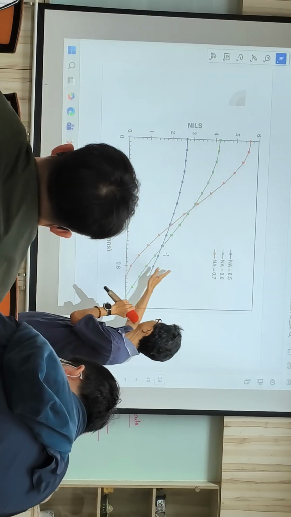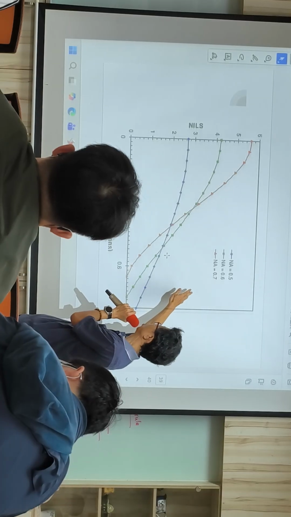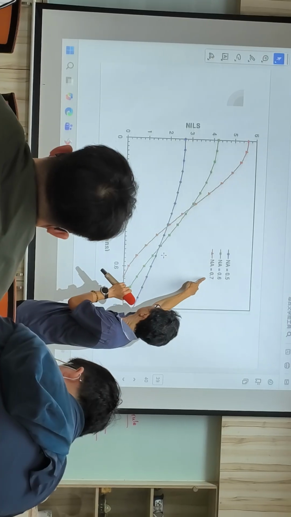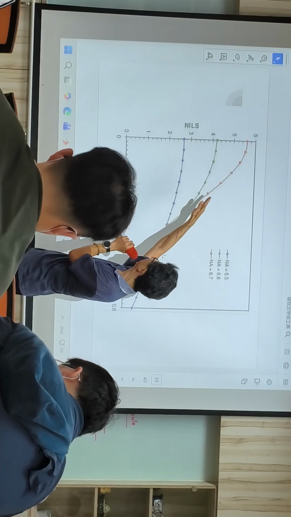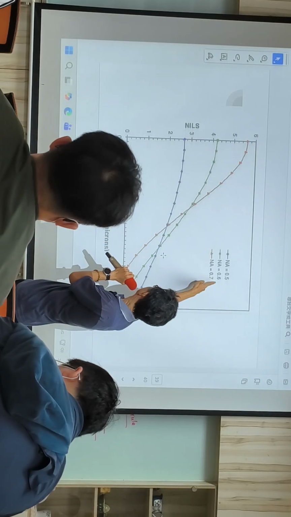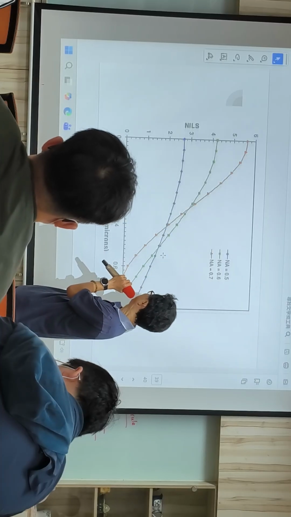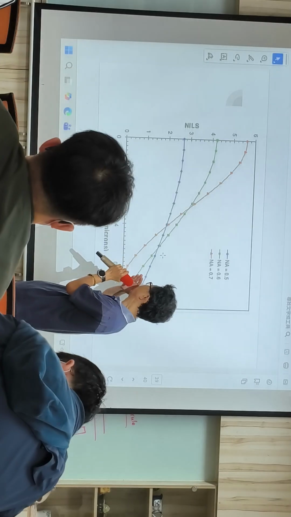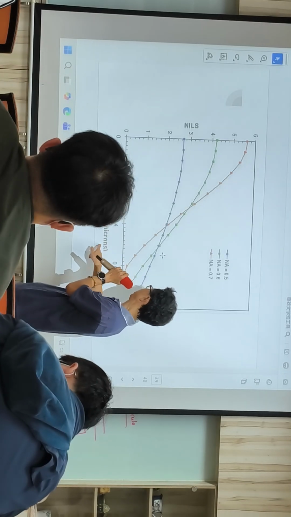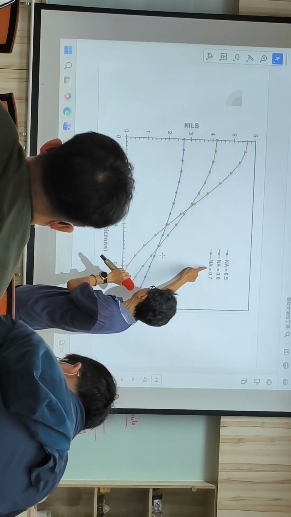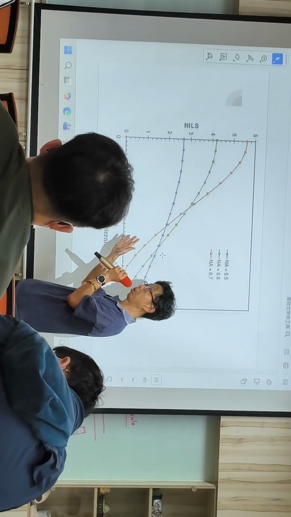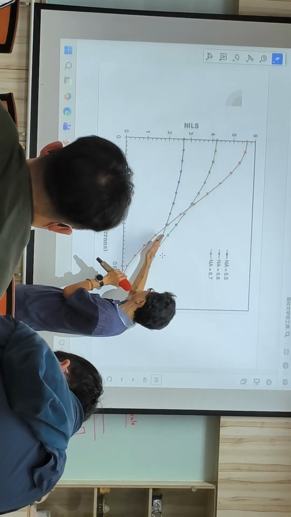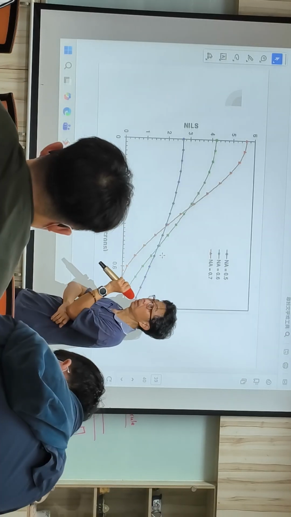And as you can see, with NA 0.7, higher NA usually has higher image contrast than low NA. But sometimes at the end, we will have a defocus issue. As I mentioned, high NA has a smaller depth of focus. So when you have higher defocus, high NA actually is not good.